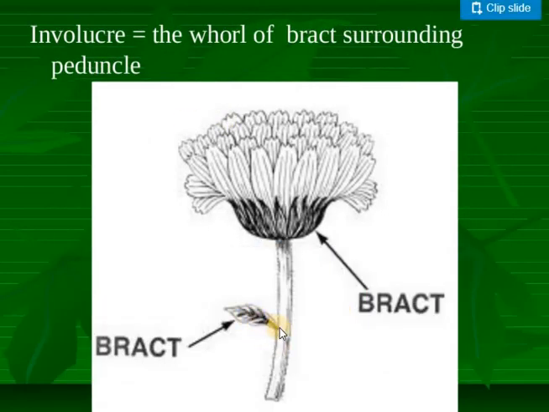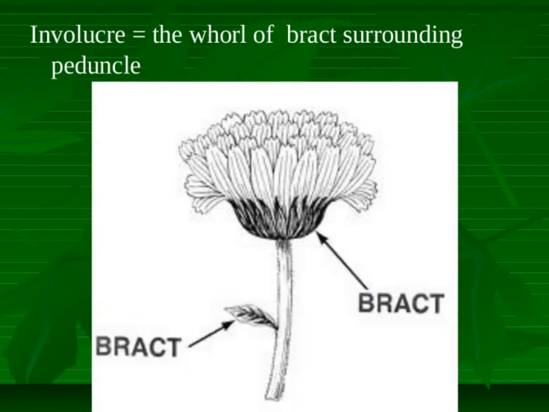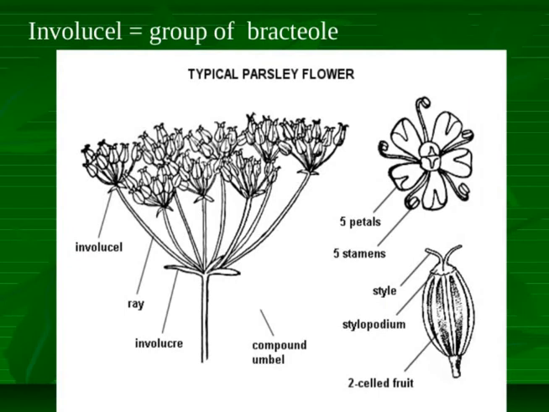See, this is the first bract. If above the bract and below the calyx, some leaf-like appendages are present, they are called bracteoles. That is the definition.